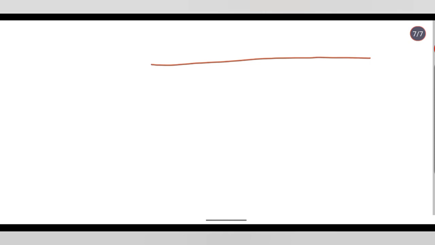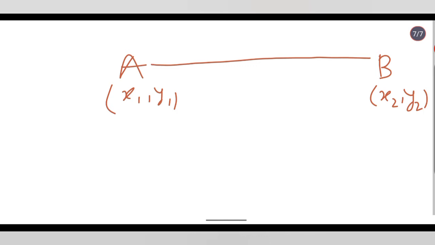Now let us consider AB, with A having coordinates x1, y1 and B having coordinates x2, y2. It is trisected.